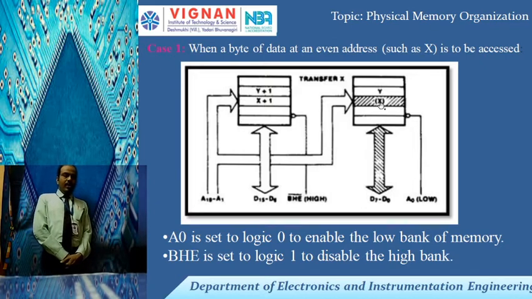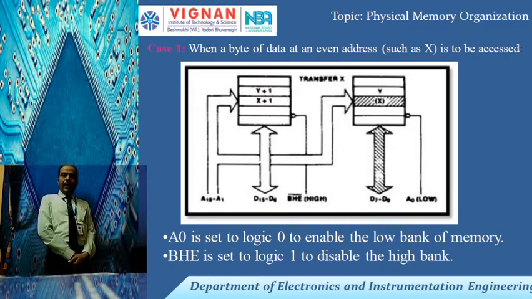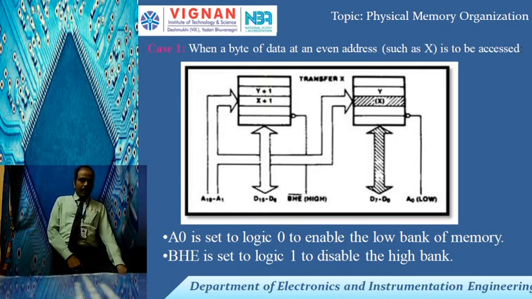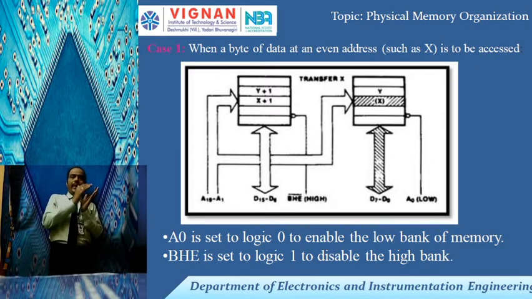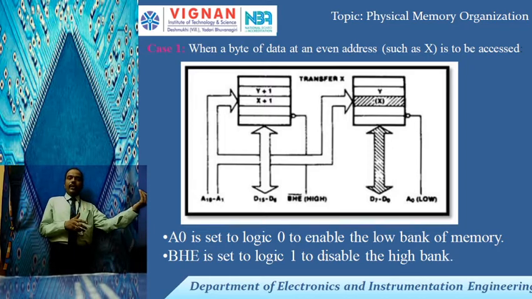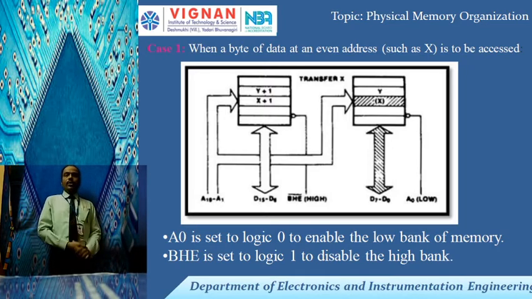So what is this bank? That is the even address bank, so A0 should be logic 0 to enable the low bank of memory, and it is only a byte. We don't want the other bank, so in order to disable the odd address bank, BHE bar is set to logic 1.